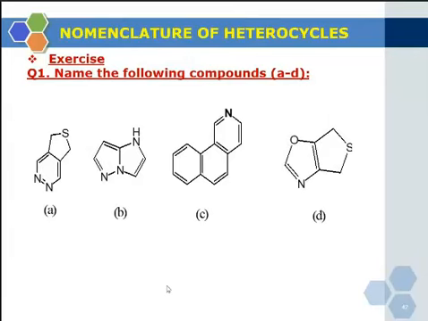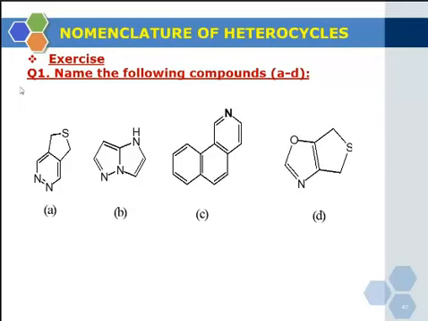So we have discussed various rules for doing the IUPAC nomenclature of various heterocyclic rings, fused heterocyclic rings, etc. Based on this, I would like you to try to name the following compounds.